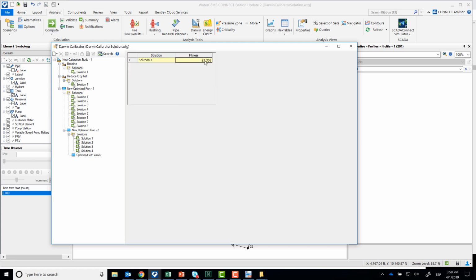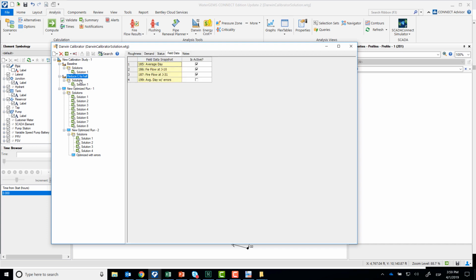Okay. All right, so this is where we started, and it was important to know our initial solution. So we then said, okay, what if I reduced the C coefficient by half? And why would we do that? We recommend you do something like this to understand how sensitive your model is to certain parameters. So if you triple the C factor, is that going to change the hydraulic grade lines by a lot or just by a little?